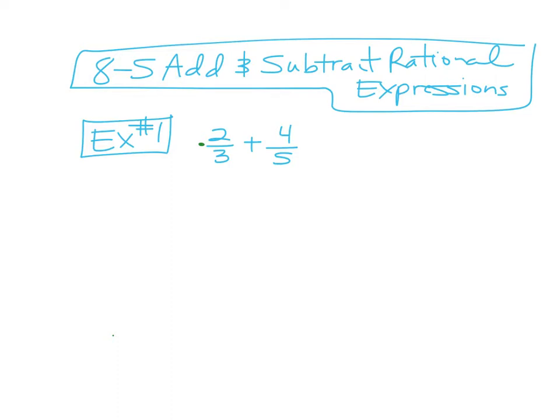But not 5, 5 over 5, because we don't want to change the value, so we're multiplying by 1. It's just that 1 is going to look a little different. So 5 over 5 here. What do I have to multiply on the other side? 3 over 3. So this would be 10 over 15 plus 12 over 15.